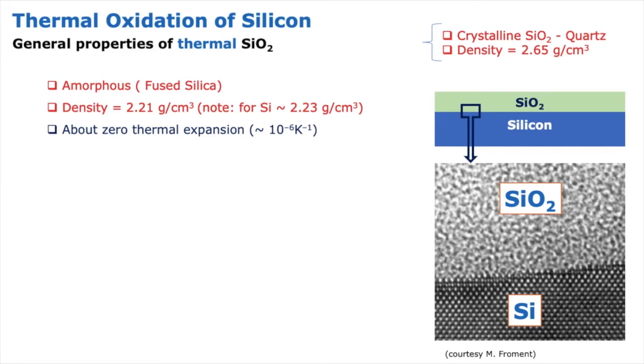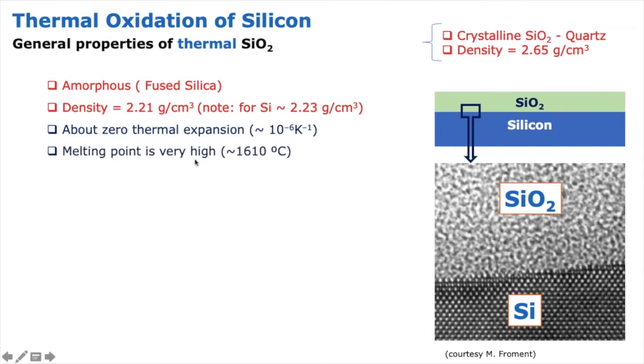Now if temperature can expand the oxide, then of course its capacitance changes. So you need a dielectric layer whose thermal expansion coefficient is pretty low. So silicon dioxide is a better choice in that case.